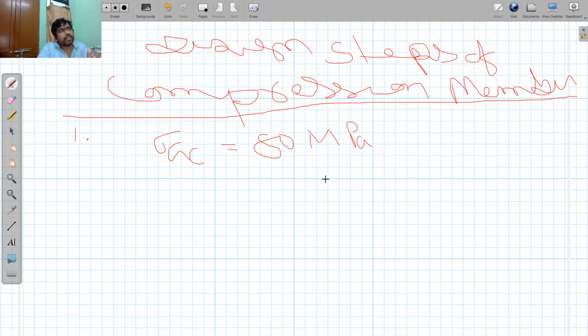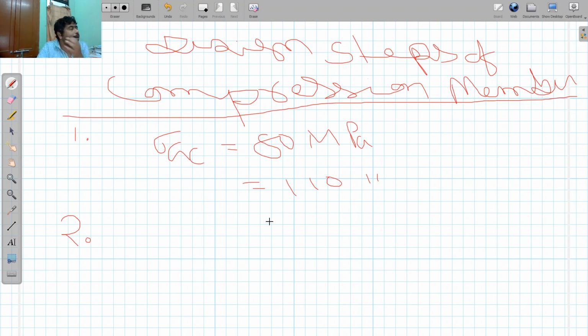Now if you see that the load is on the higher side, that means a single section may not be enough. In that case, you can assume the sigma sc value as 110 MPa as the initial guess. Once we have that value, the next step: the load is given to us, the compressive load, and sigma sc we have assumed.